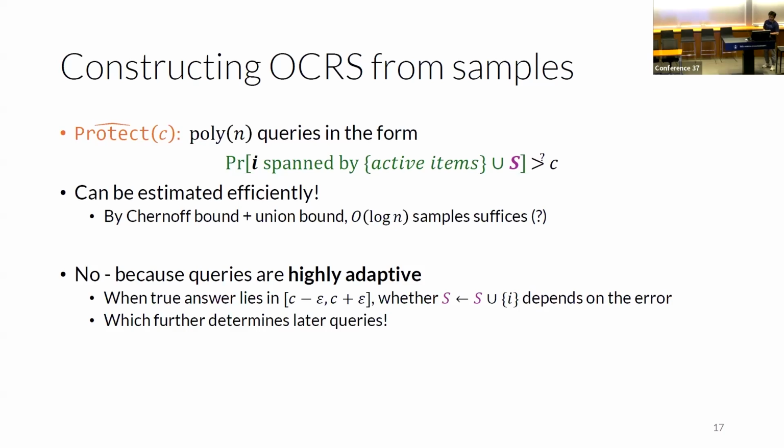However, this is not true because these queries are highly adaptive. So when the true answer lies very close to the parameter C, whether we update this protection set S really depends on the error. So there are actually exponentially many possible queries, and we can definitely not use union bound.